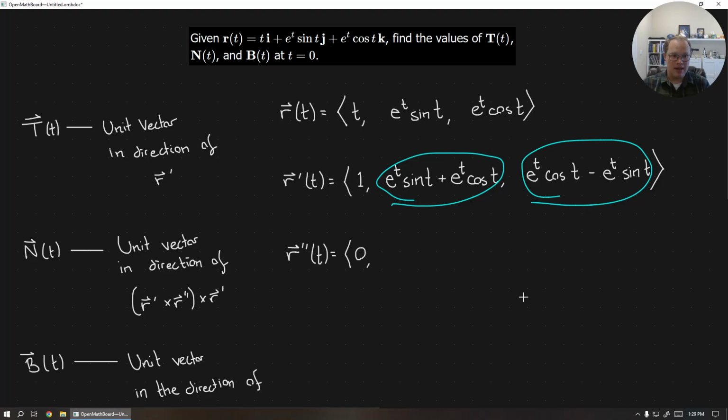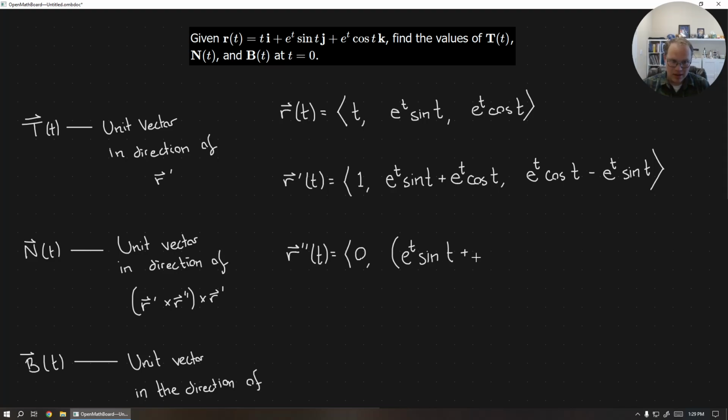Let's combine them. What's going to happen if I add them together? I get e to the t sine t, and negative e to the t sine t will cancel. And so, you know what? Let me write it all out, because I'm canceling things that aren't really canceling. Let me write it down here. Okay. That's the derivative of e to the t sine t, because I already found it.